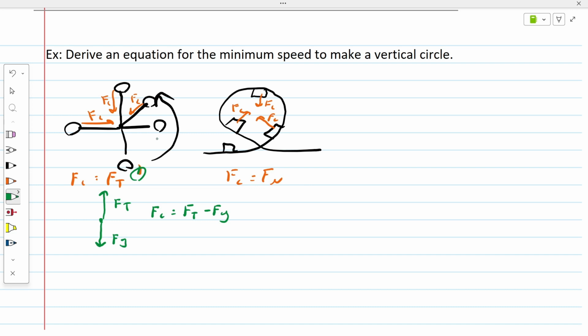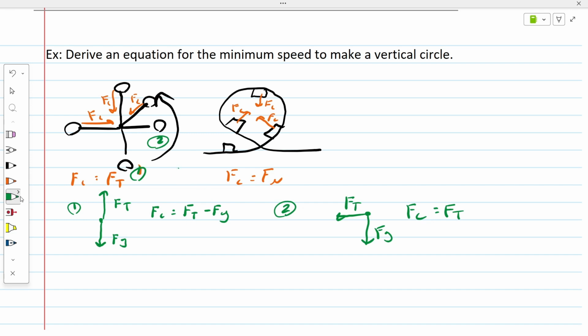But let's say we get to point 2 in the loop. So this is point 1. So at point 2, now we have a free body diagram that looks like this. We have the force due to gravity coming down, and the force of tension like this. So at this point, the centripetal force just equals the force due to tension, because it's the only force in the same direction as the centripetal force.